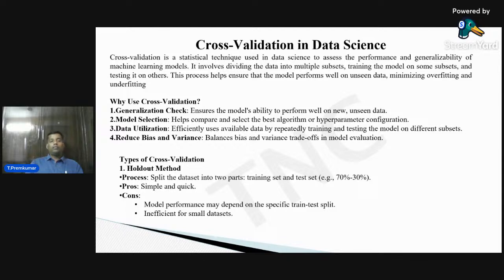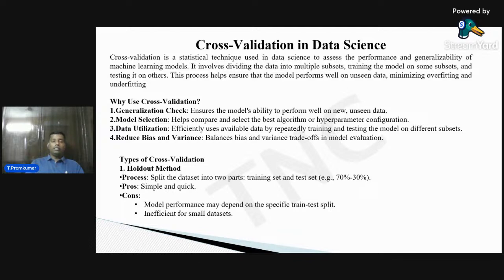Next, we'll see why we have to go for cross validation. First, a generalization check ensures the model's ability to perform well on new or unseen data. Model selection helps compare and select the best algorithms or hyperparameter configurations.